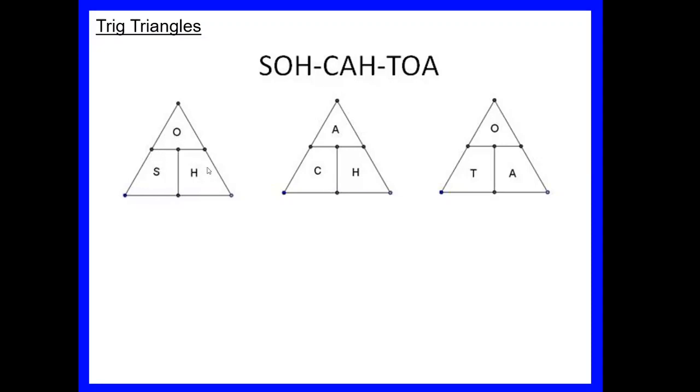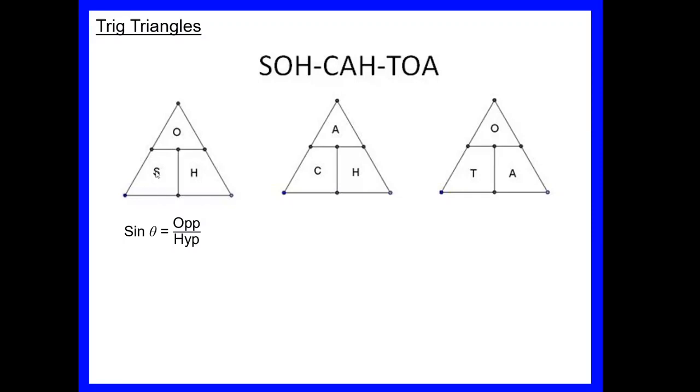SOH, CAH, TOA. When we see these triangles, if something is next to something else, they get multiplied together, and over means they're divided. Okay, so if I want to find, S stands for the sine theta. So sine theta is equal to the opposite over the hypotenuse.